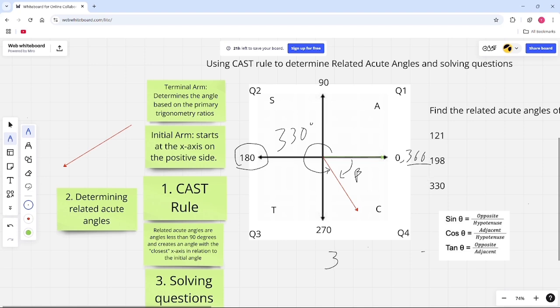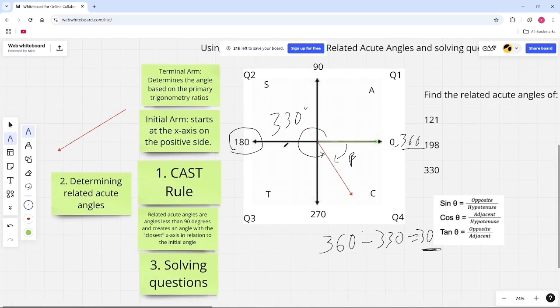And how you do that is simply subtract from 360. So 360, my bad, minus 330 will yield you an angle of 30 degrees. Now that will be your related acute angle for the angle 330 degrees.